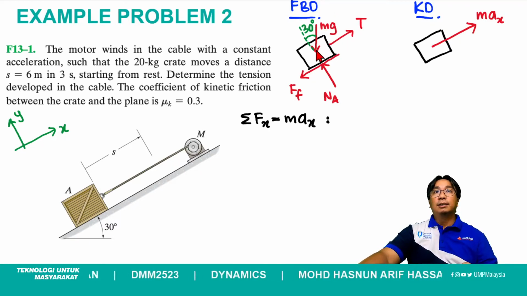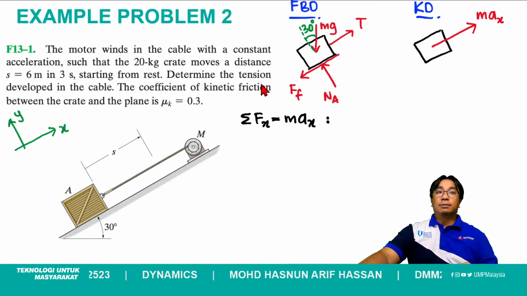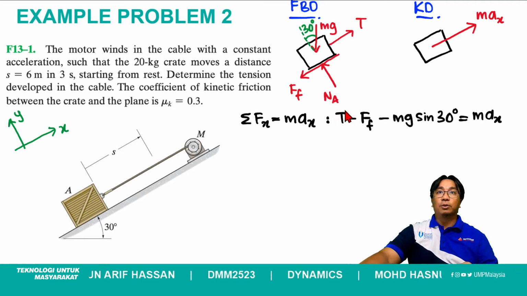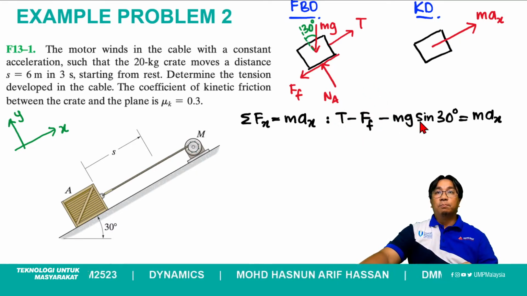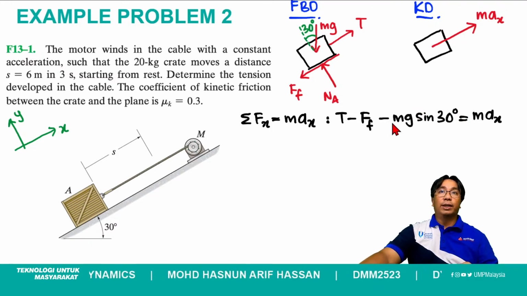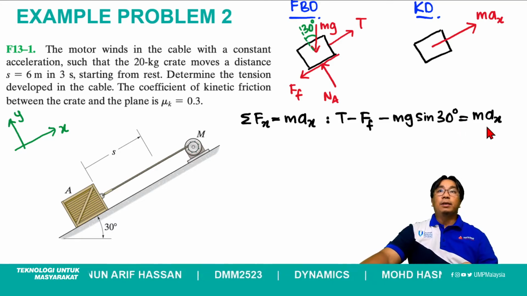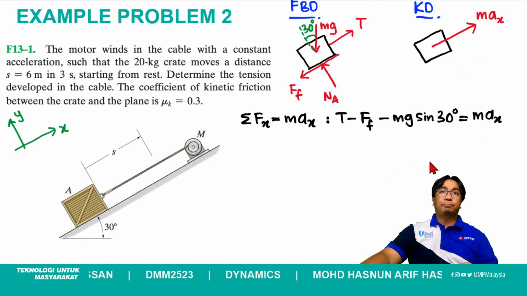Mg ni you can pecahkan into x and y component. So you have T positive minus friction and also minus the component of weight, minus mg sine 30 degrees, equal to max.